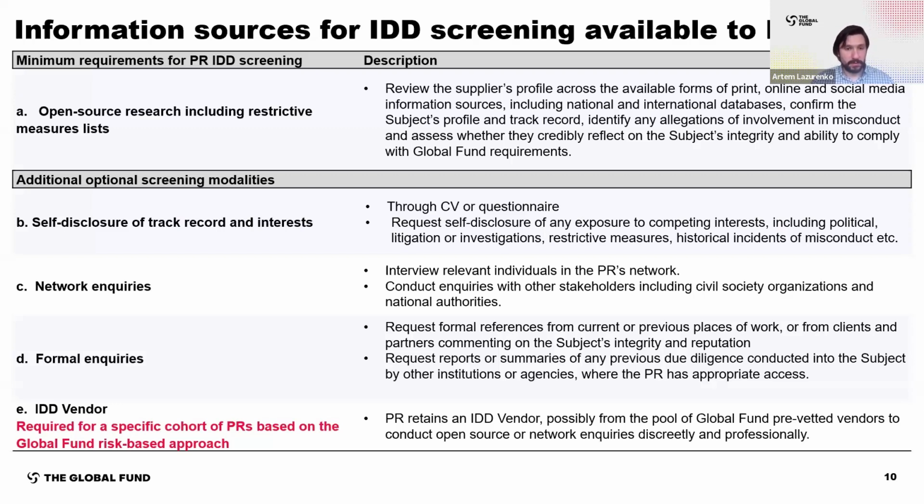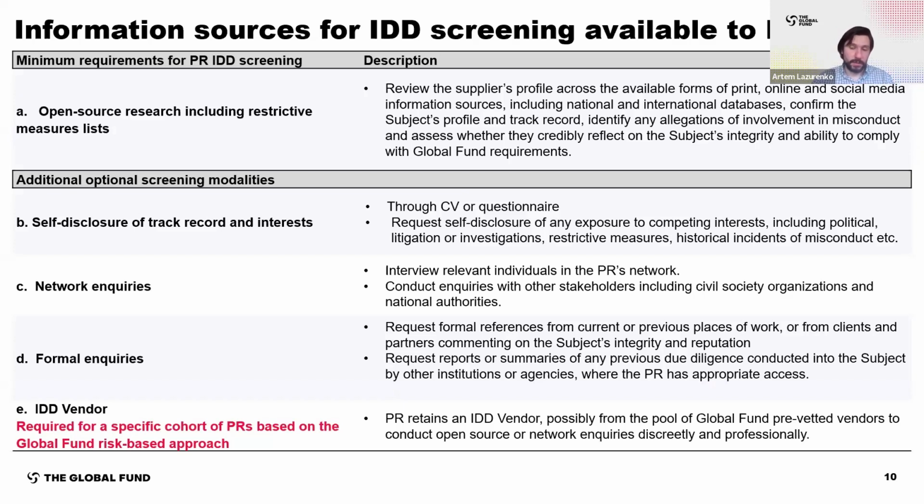The first one is open source research, which includes research by querying specific databases and websites with regard to certain prohibited practices and integrity risk management information. But this also includes open source research such as web searches and media searches. In this list, we just aggregate the use of the public record to understand the integrity track record of a counterparty.